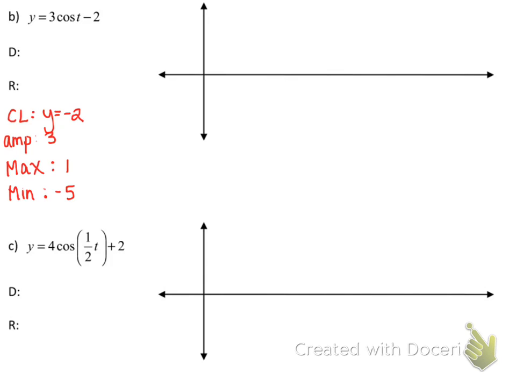So if we graph that, we have 1, -1, -2, -3, -4, -5. So I have my top interval at 1, my bottom minimum at -5, and then at -2 we have our center line.